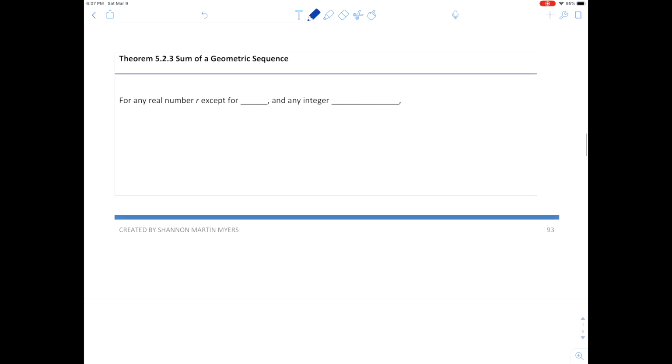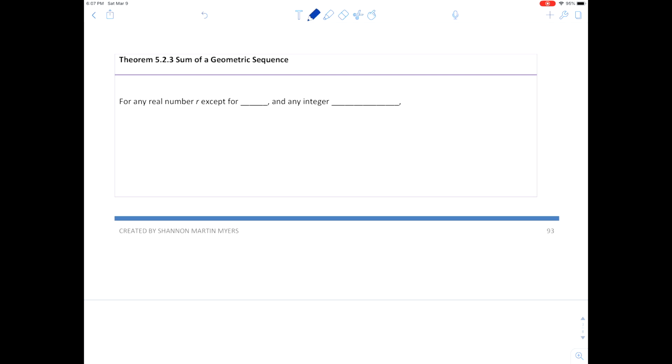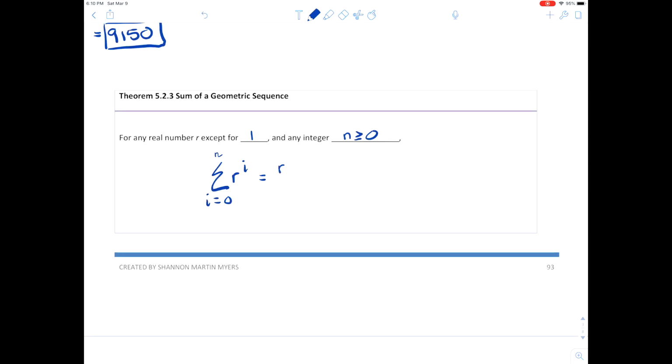Okay, so the next step is theorem 5.2.3, which goes over the sum of a geometric sequence. All right, so for any real number r except for 1 and any integer n greater than or equal to 0, it turns out that the summation from i equals 0 to n of r to the i is equal to r to the n plus 1 minus 1 all over r minus 1.